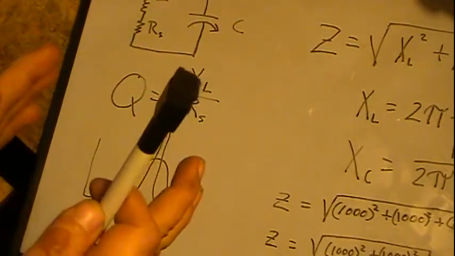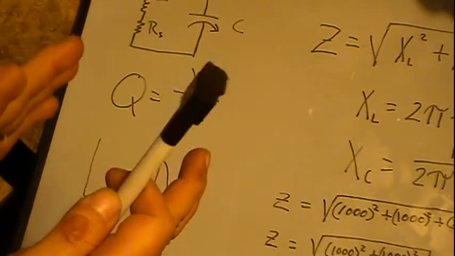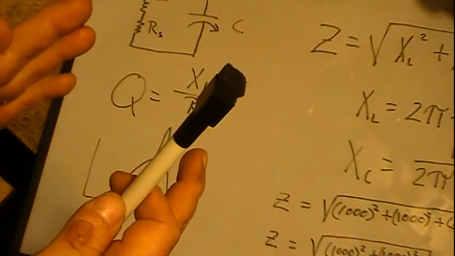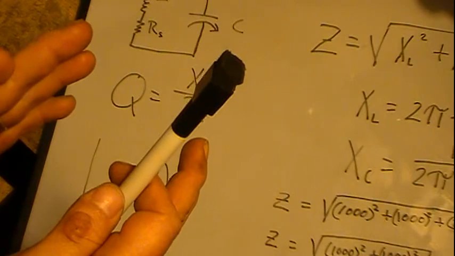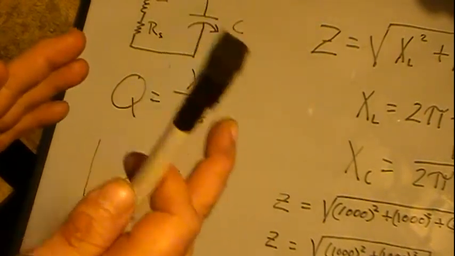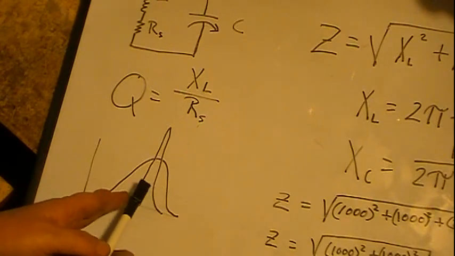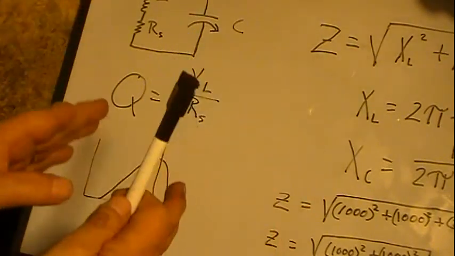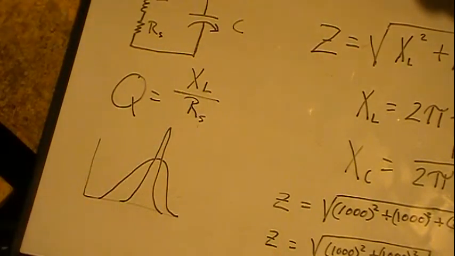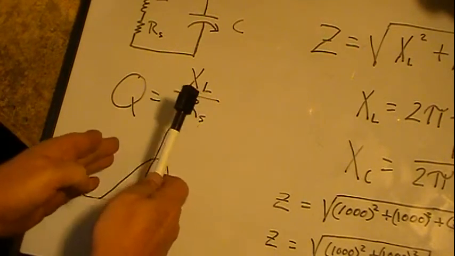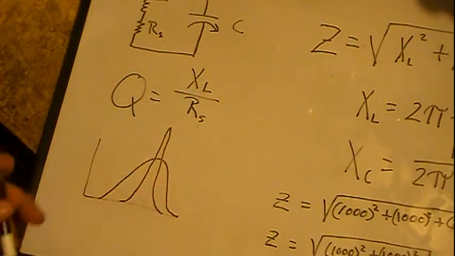The sidebands are your audio. The upper sideband is the higher frequency audio frequencies, the lower sideband the lower ones. If you get the bandwidth too narrow, you start cutting off those sidebands. So you want to keep it at a certain reasonable size.